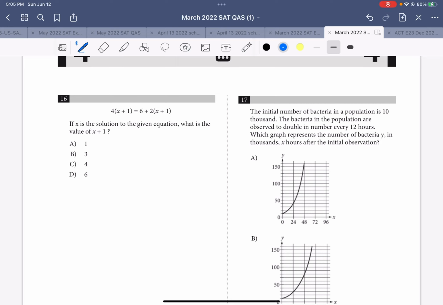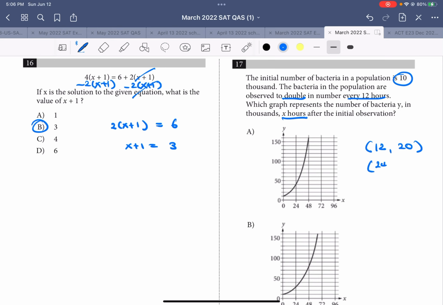Now, 12 hours later, it'll be double. So when you put 12, it should be double, which is 20. Or if it's 24, double again, so 20 times 2 is 40.